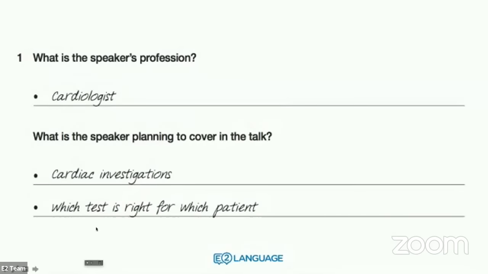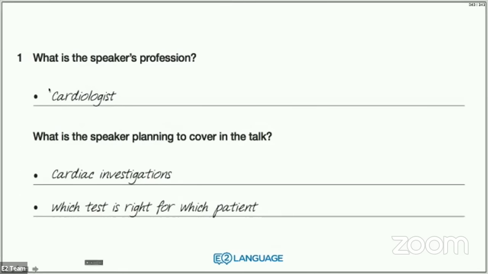A couple of things to mention here. Now, these test papers are actually marked by humans, examiners. And so there may be a variety of different ways to answer this. For example, this one will be cardiologist. Or you possibly could write, he's a cardiologist.